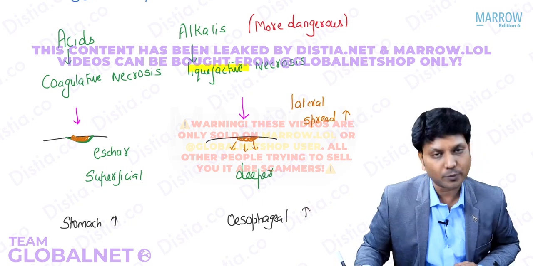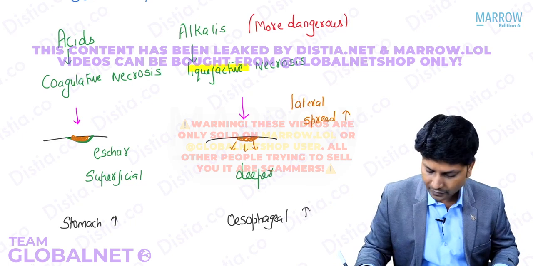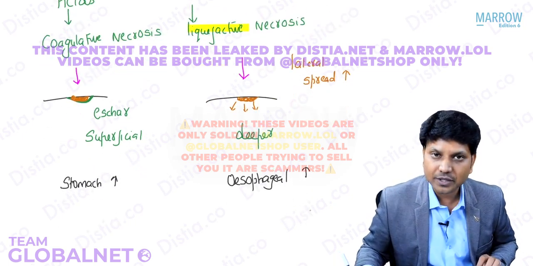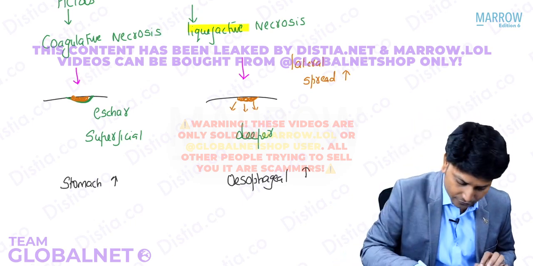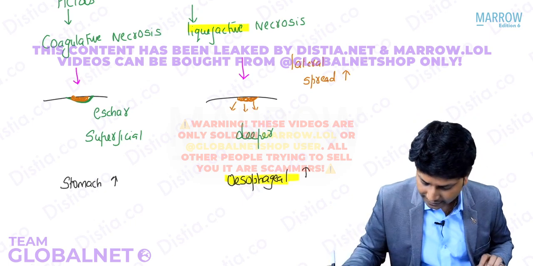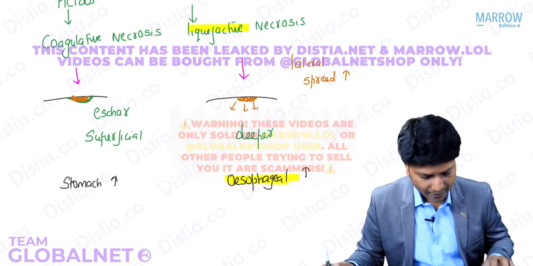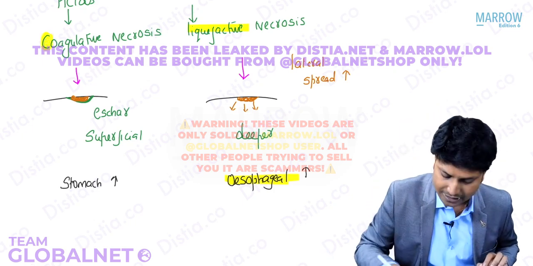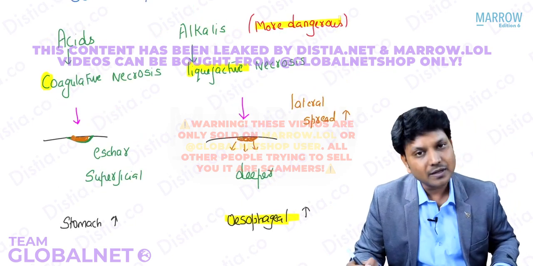That is the reason why stricture formation is more in the stomach in case of acids, and more in the esophagus in case of alkali. So what you have to understand is, acids will cause coagulative necrosis, alkalis will cause liquefactive necrosis, and alkalis are more dangerous than acids.